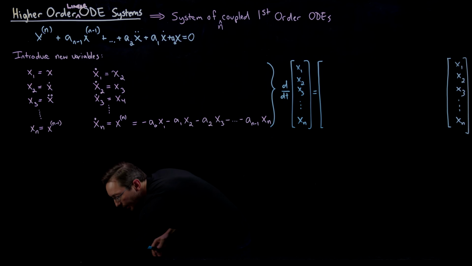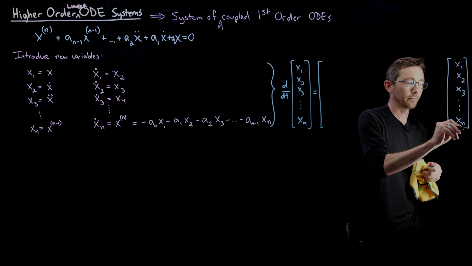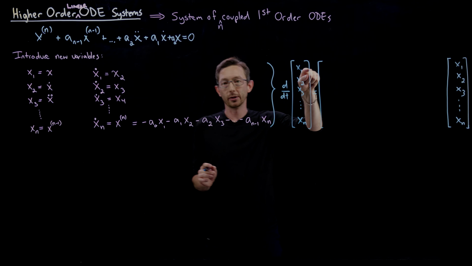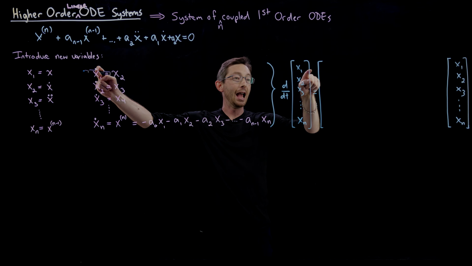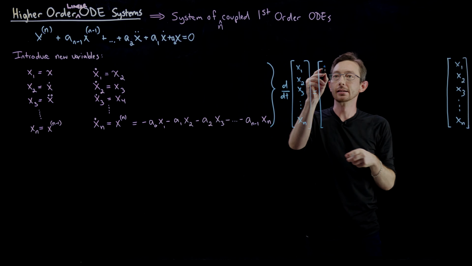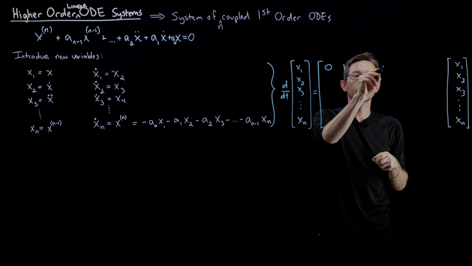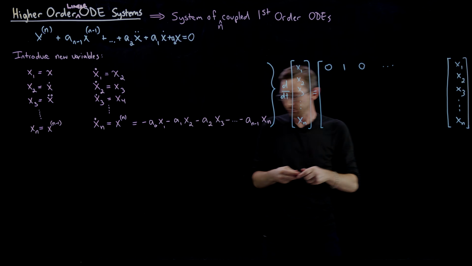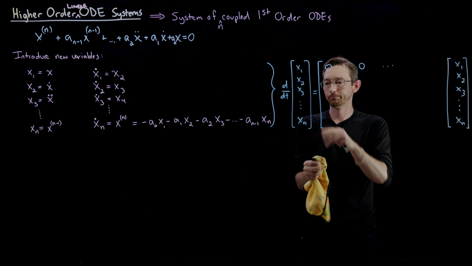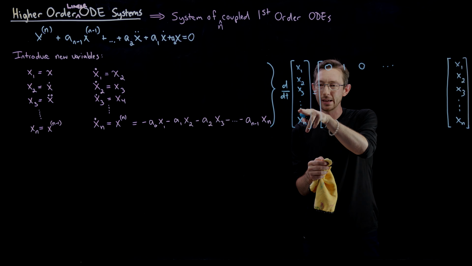Okay, and I don't want to be sloppy here. And so this is really easy to read off what the terms of this big matrix are. x1 dot equals x2. So that is 0, 1, 0, dot, dot, dot. You know what I'm going to do here is add one more row for the xn minus 1.